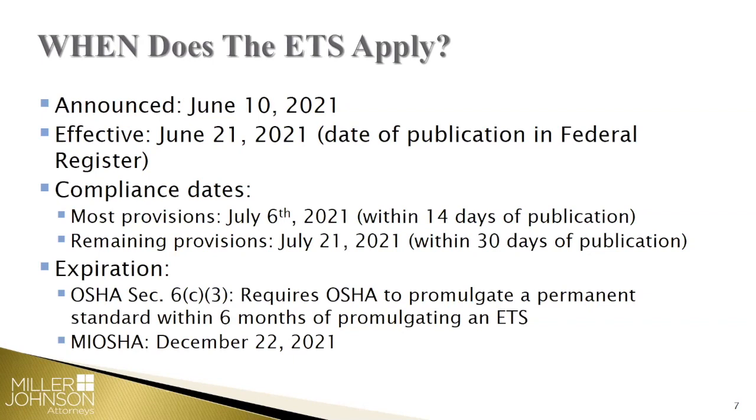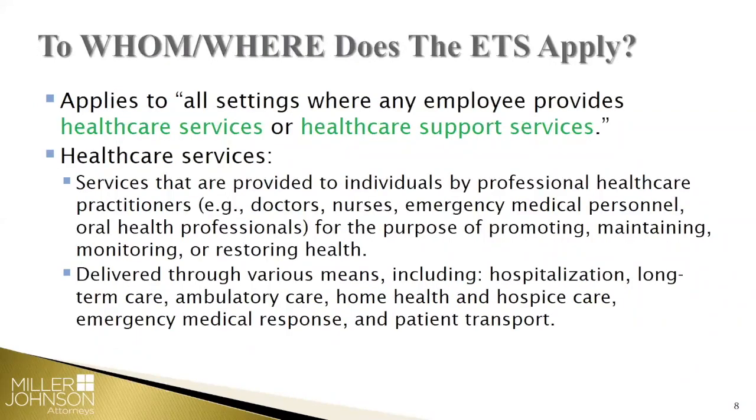And MIOSHA has also passed emergency rules that mirror this ETS. Those are valid until December 22nd, 2021. So we are looking at both OSHA and MIOSHA, December 21st, December 22nd, 2021, about 6 months from now.